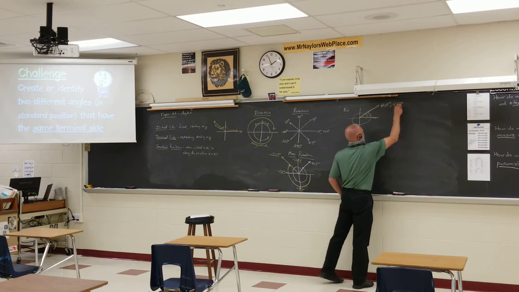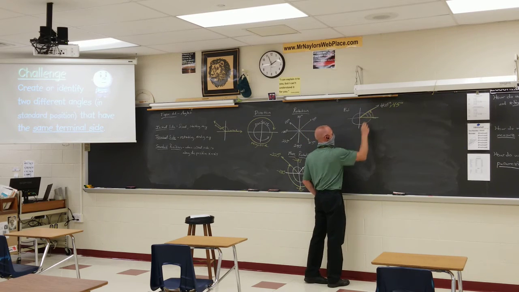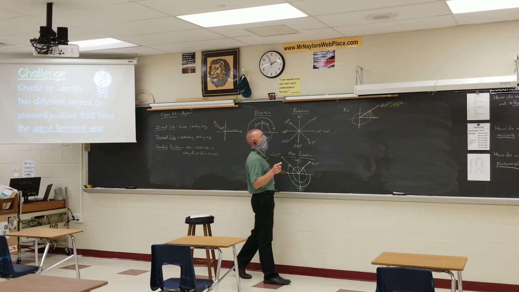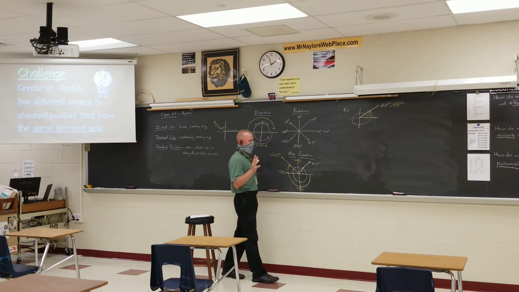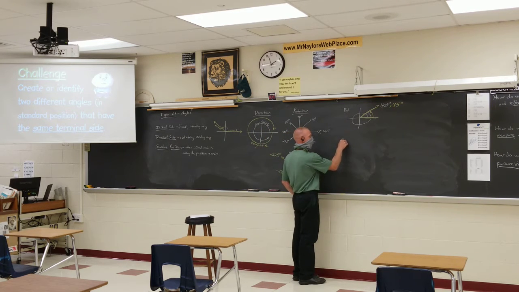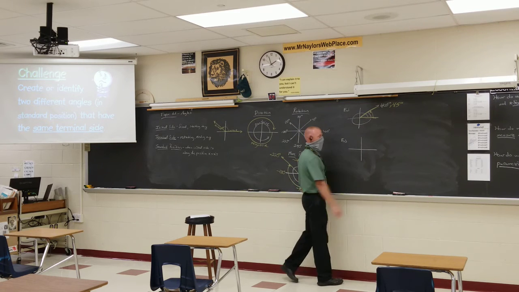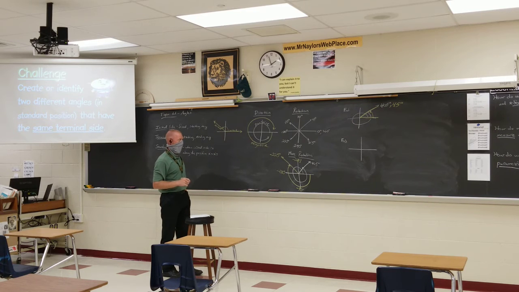Now, what I'm trying to show here is that the 45 degree angle is clearly different. It's smaller, yet it stops at the same place. And so it has the same terminal side. Now, that's a little bit of a hint, because if you can just get your angles to stop at the same place, then you would have found an answer to this question. Do you see another one that we could do?